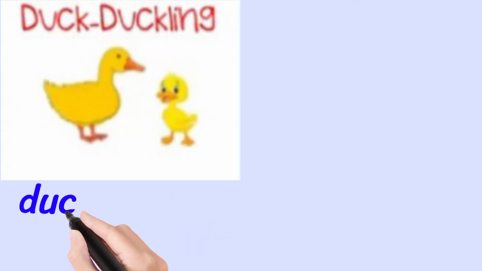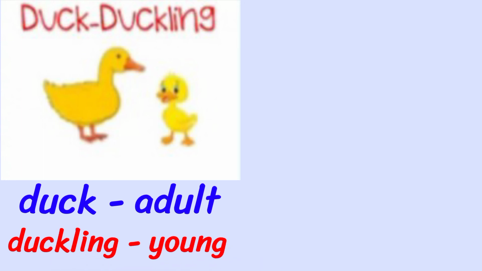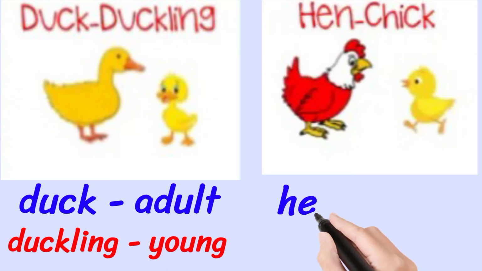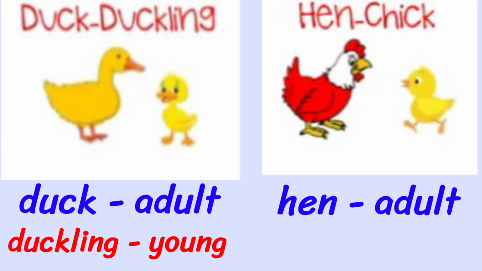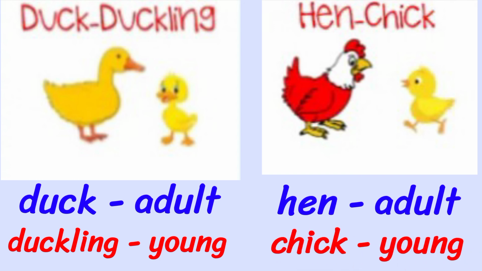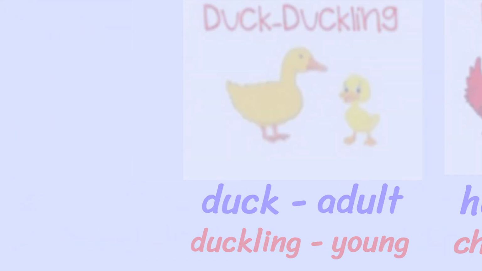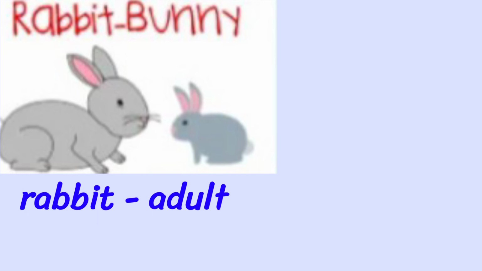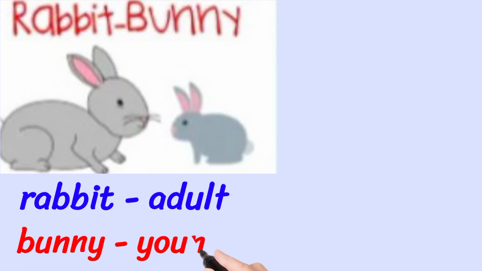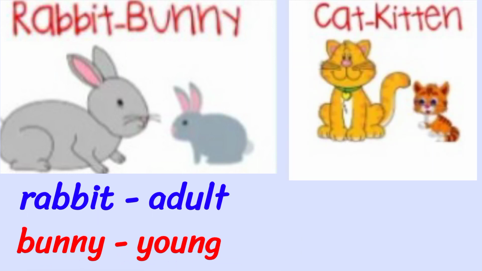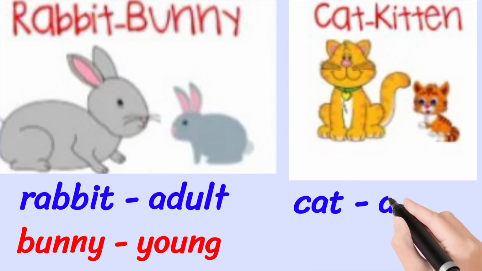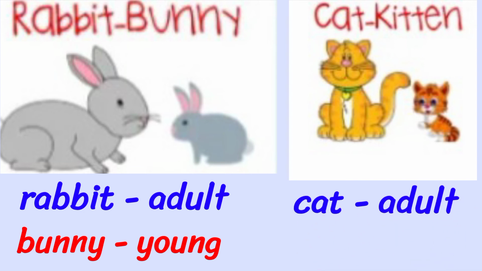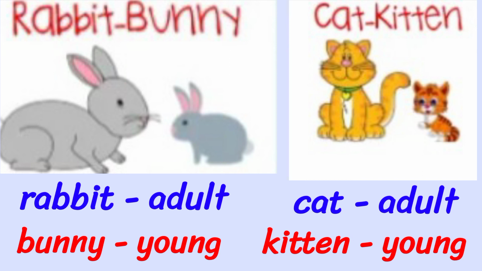Third, duck and duckling. Duck is the adult and its young is called duckling. Fourth, hen and chick. Hen is the adult and its young is called chick. Fifth, rabbit and bunny. Rabbit is the adult and its young is called bunny. And the last one is cat and kitten. Cat is the adult and its young is called kitten.